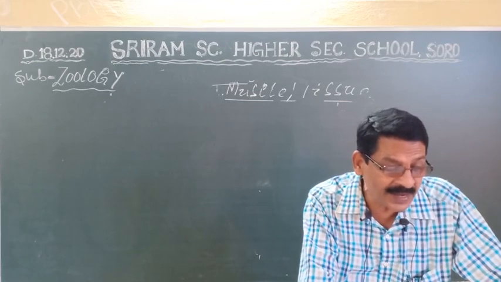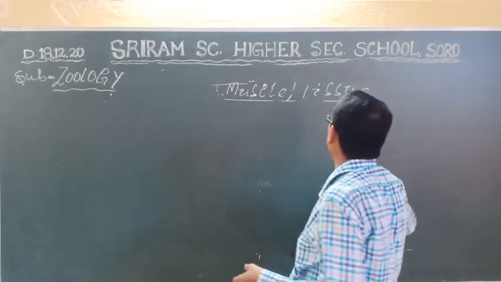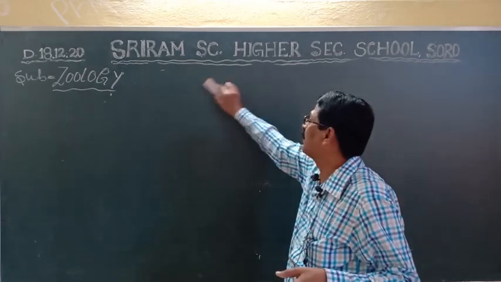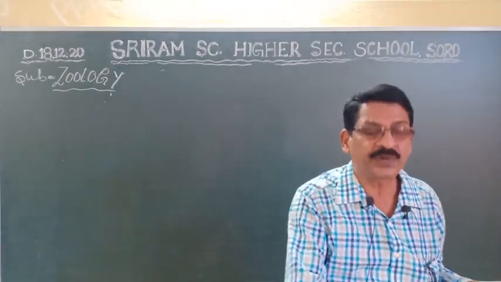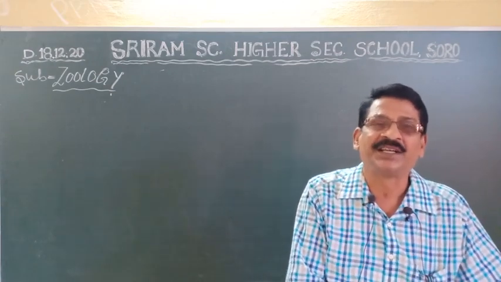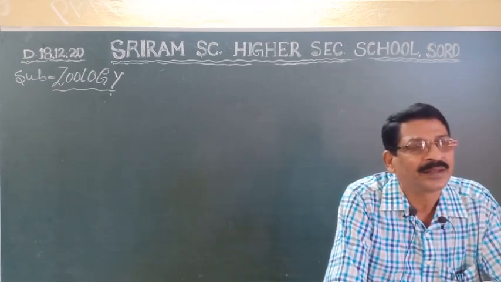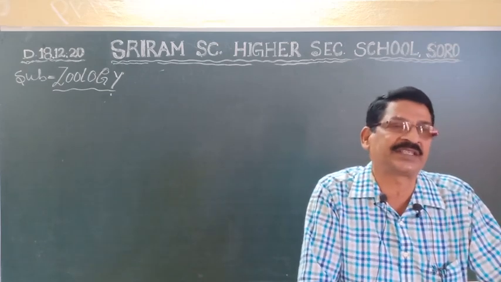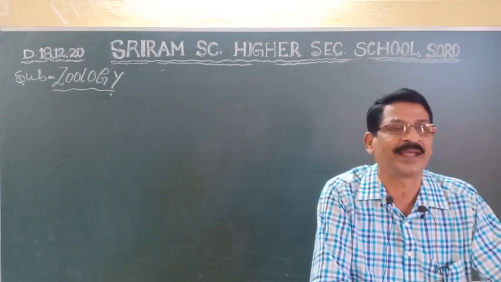Clear? Then you come to the types of muscle. This is all about the muscle cell in brief. So today I am a little bit rapid because I have to finish the muscle cell and the 3 types of muscle today.